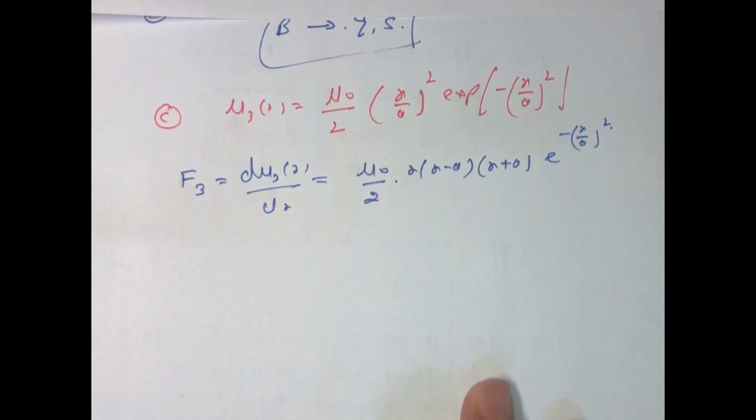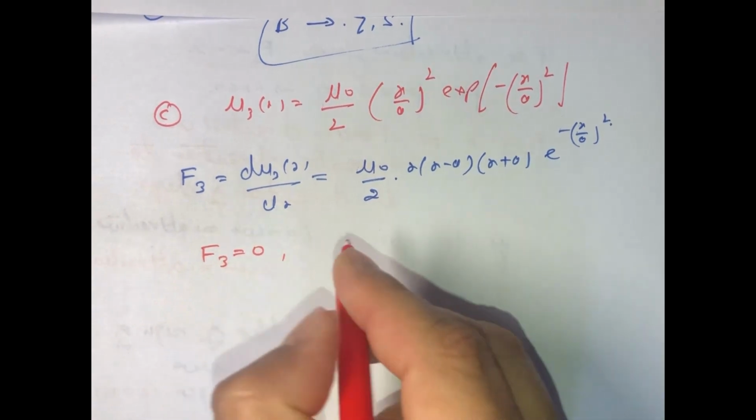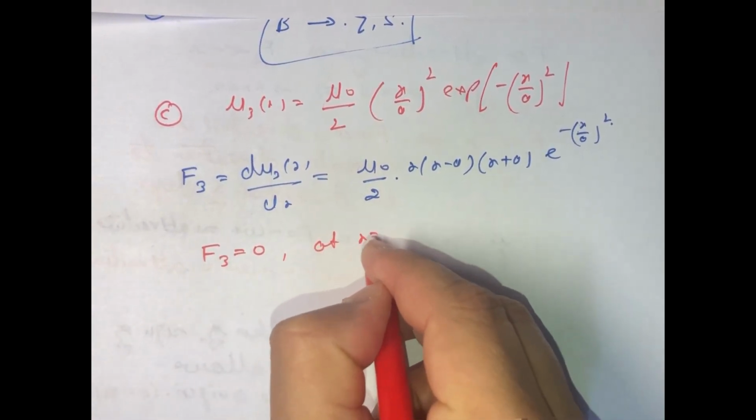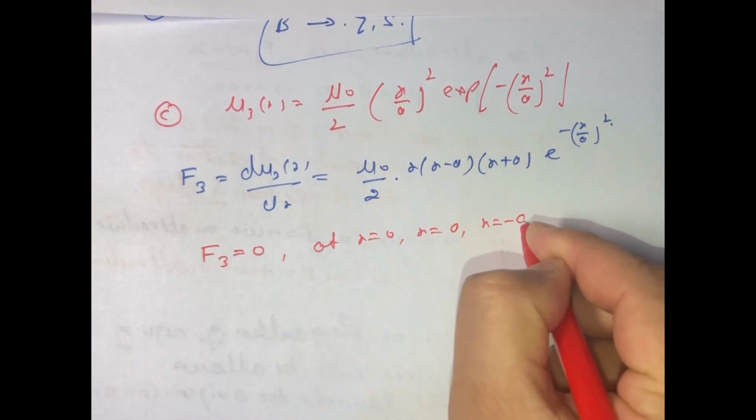So once again we can say that F3 will be 0 at x equal to 0, x is equal to a, and x is equal to minus a.